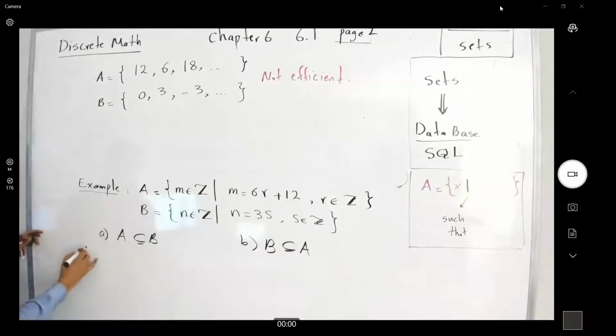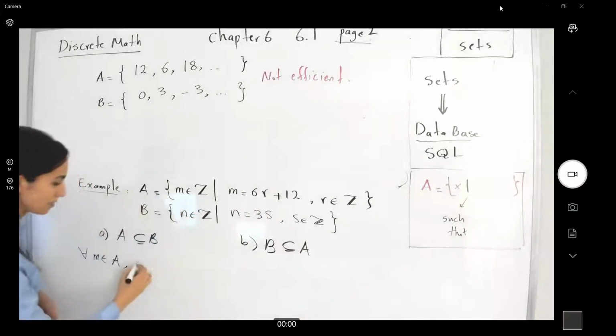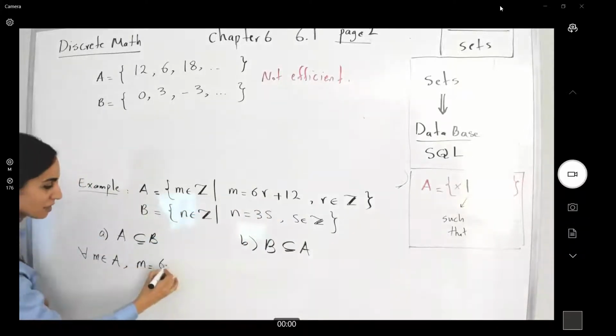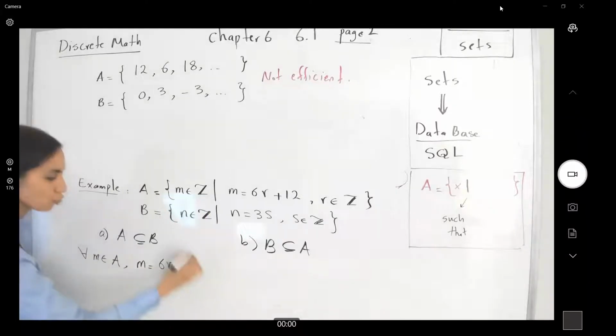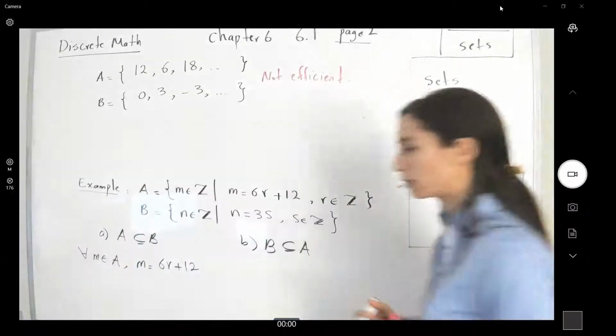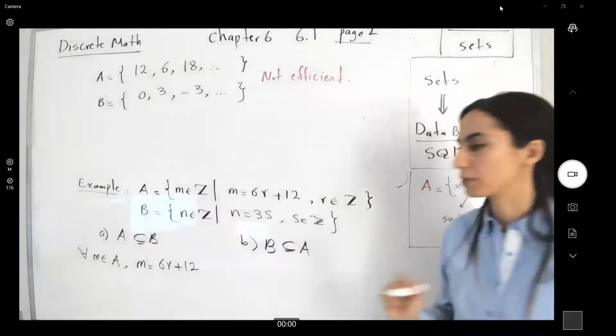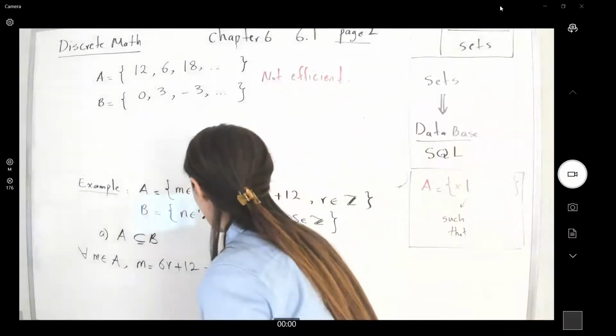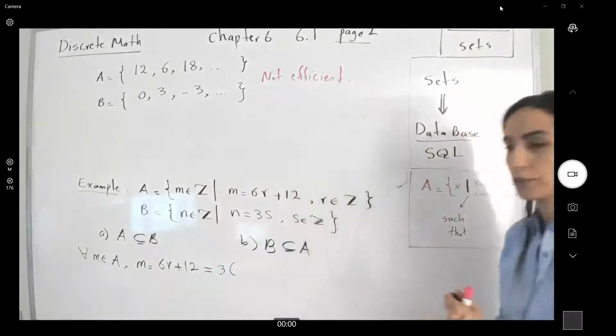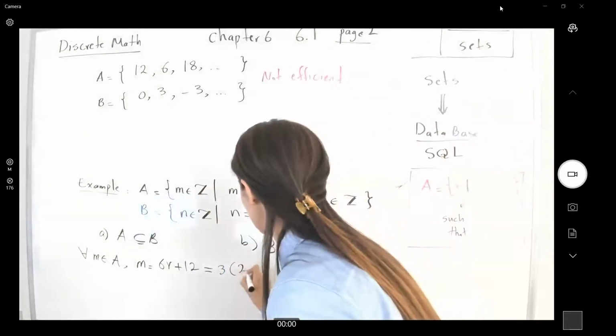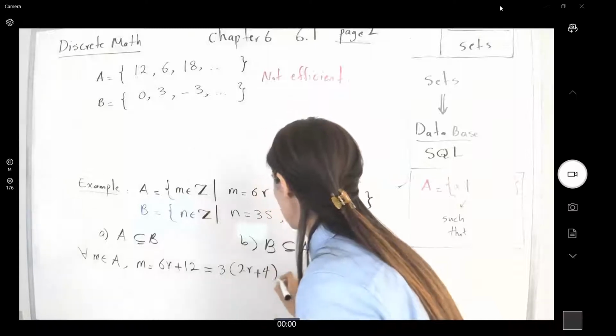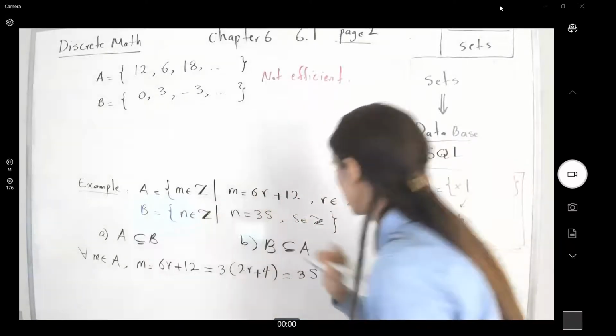Here, I'm taking a random element, any m, in set A. m is written as 6r plus 12. What I'm going to do, I'm going to factor out 3. If you factor out 3, what you get is 2r plus 4, which can be written as 3 times s.